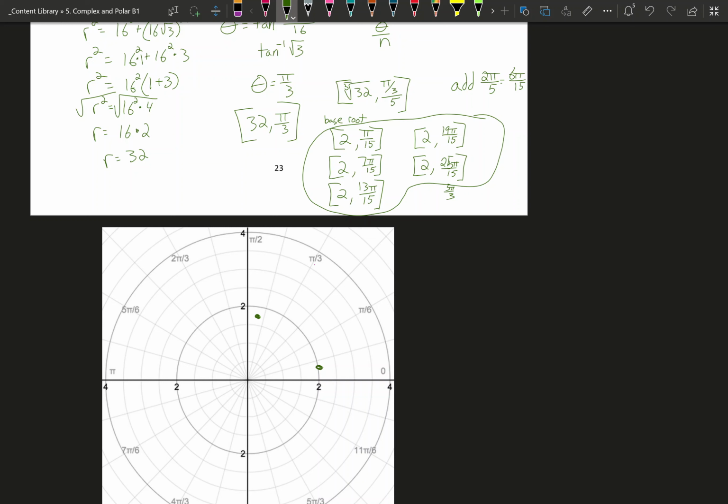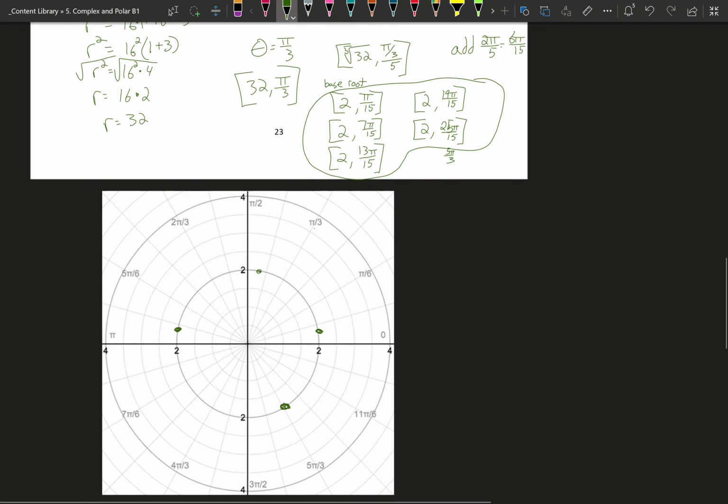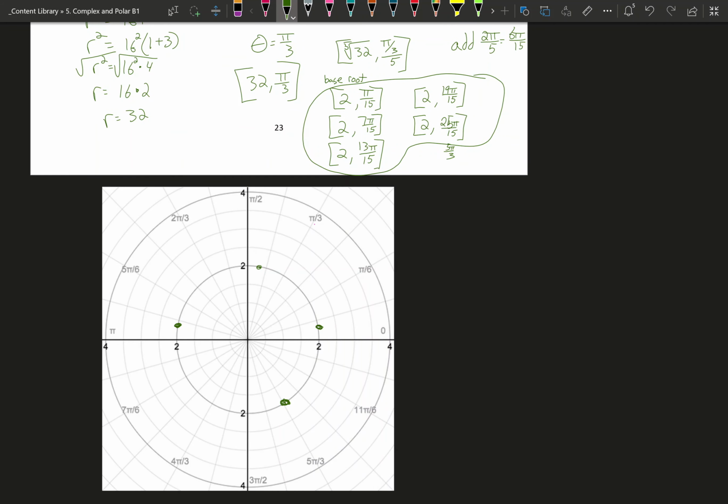The 13/15 is not quite 1. The 5/3 pi is an easy one. And the 19/15 pi is just a little under 5/4 pi. These are all approximates because I don't have the 15ths on the graph.